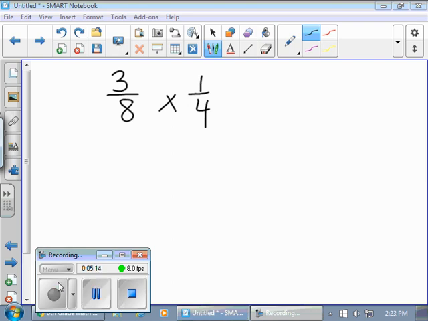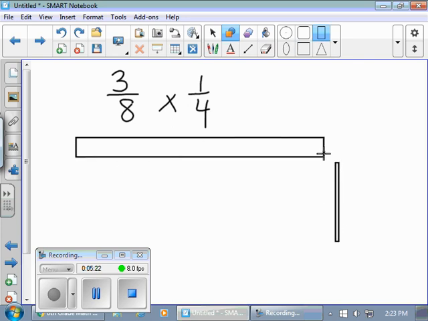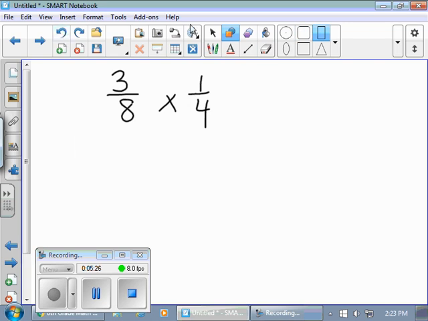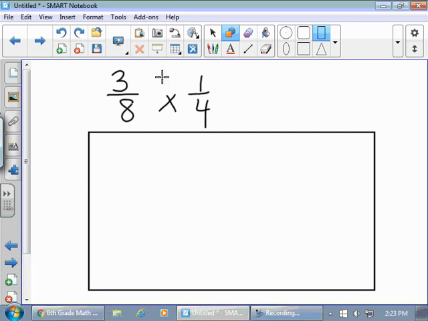Alright, I'm going to now start and draw so we can solve this one. So I'm going to draw my rectangle. Alright. So I'm going to divide the first one vertically into 8. So I'm going to draw 7 lines down through here.